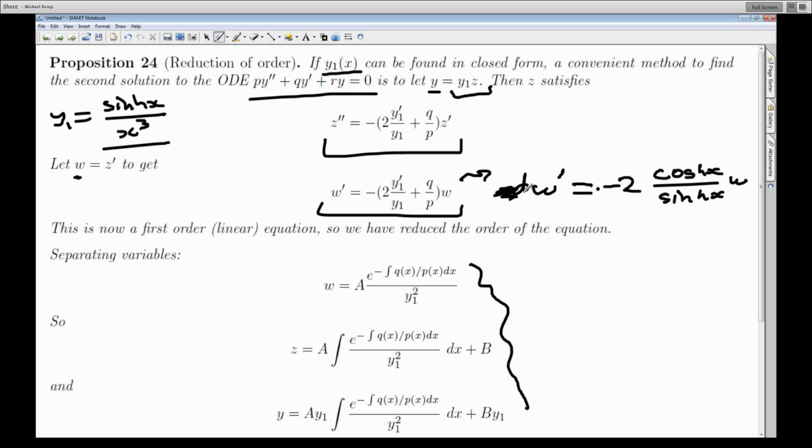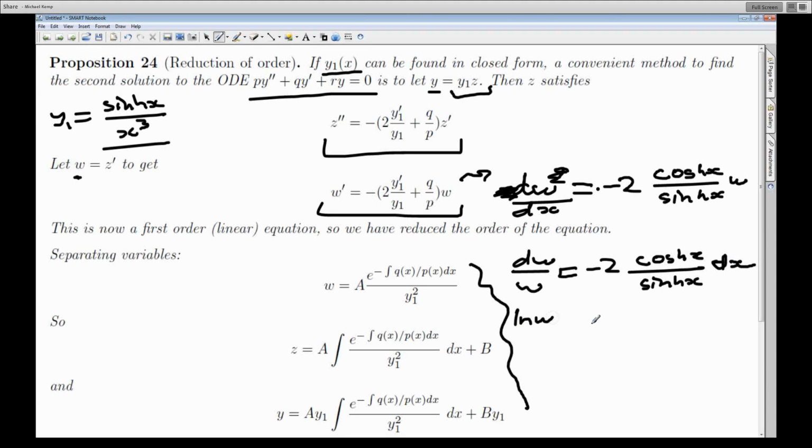So dw dx, you separate it: dw on w is equal to minus 2 cosh x on sin x dx. If you integrate the left-hand side, you get log of w. Absolute value signs in general, I'll leave them out. Let's put them back in.